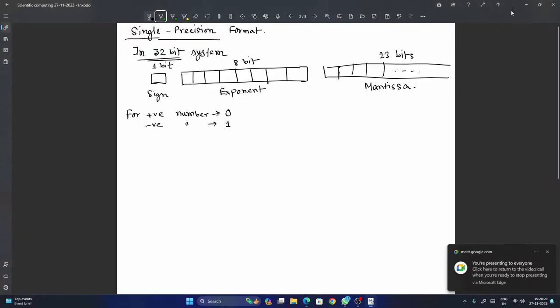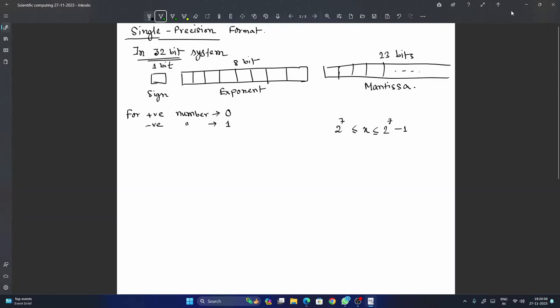Now if you see the 8-bit exponent portion, it follows the fixed point number system. In the fixed point number system, in an 8-bit system, how many total numbers can you save? It will be total 2 to the power 7 minus 1, and x is then equal to 2 to the power what? 7.